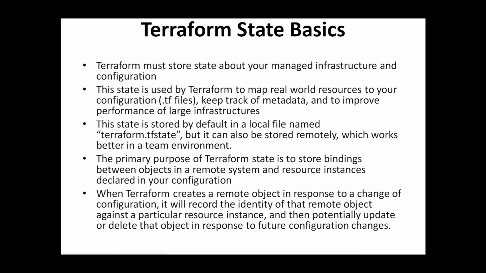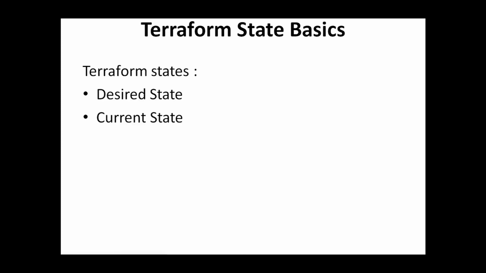When Terraform creates a remote object in response to a change of configuration, it will record the identity of that remote object against a particular resource instance, and then potentially update or delete that object in response to future configuration changes. So these are the Terraform states.